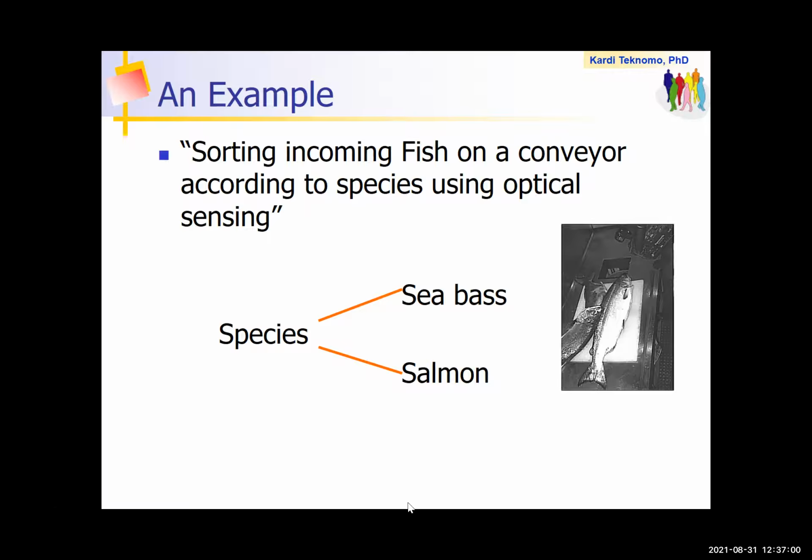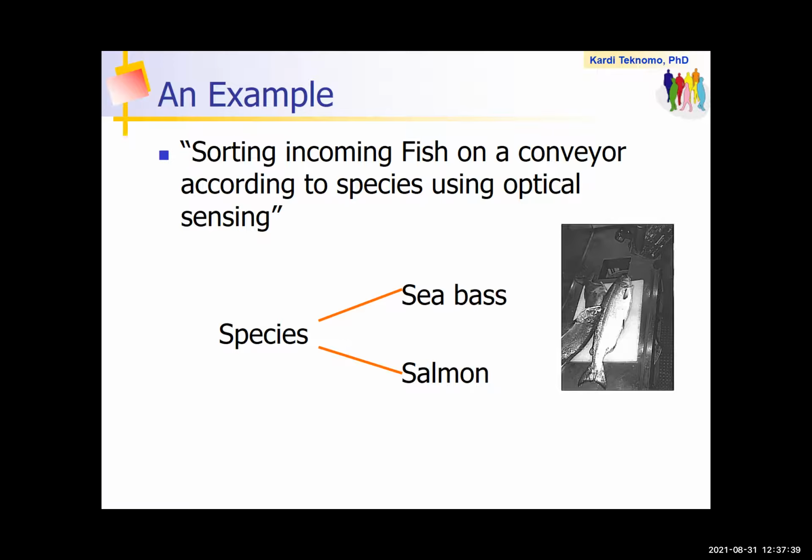There is a conveyor belt and there is a camera, and using optical sensing, which is the camera, we want to know whether the fish that passed there is a sea bass or salmon. The price of sea bass and salmon is totally different, so they want to separate them when the fish come from the ship, a lot of fishes.